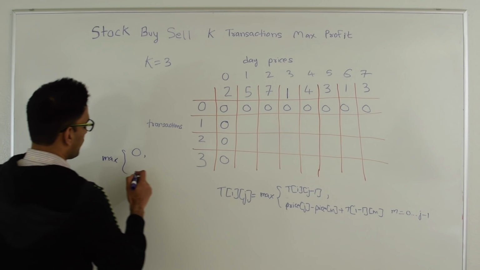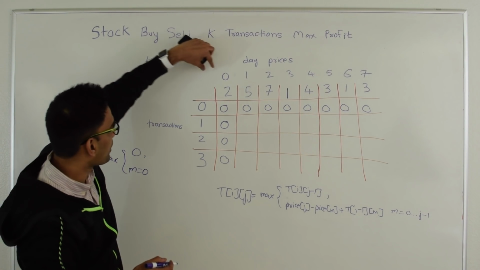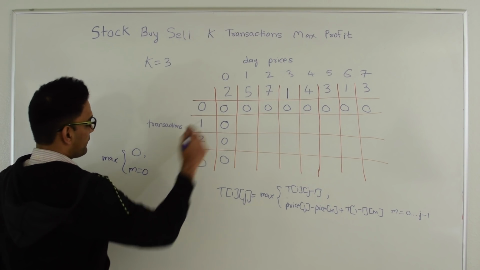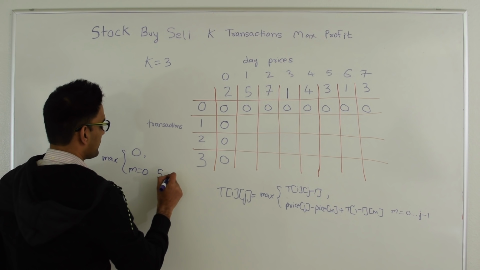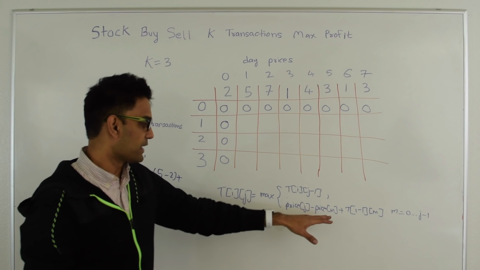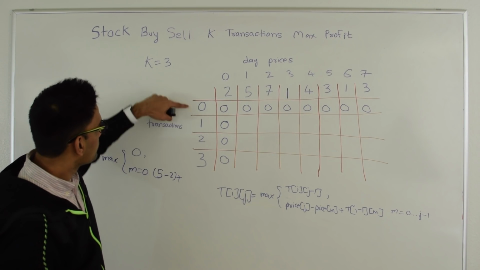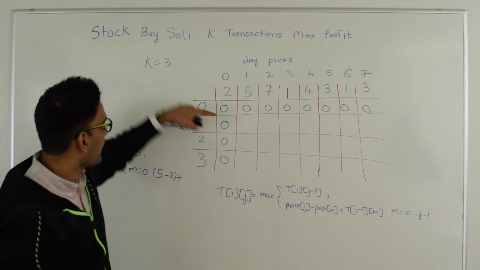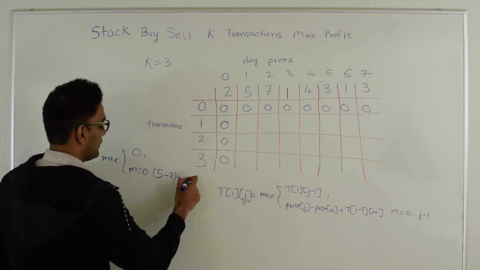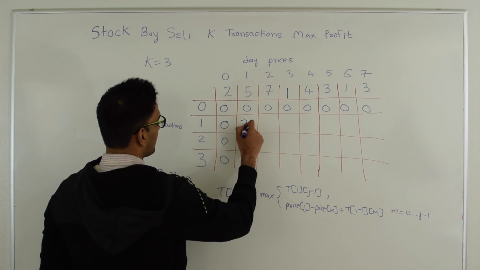So in this case, there can only be one m, so m equals 0. In this case, you are buying on the 0th day, selling on the 1st day. So that profit is 5 minus 2 plus whatever best you can do with one less transaction and ending that transaction at m. So with one less transaction, i minus 1, and ending that transaction at the 0th day, that value is 0. So maximum of these two is 3. So this value here is 3.